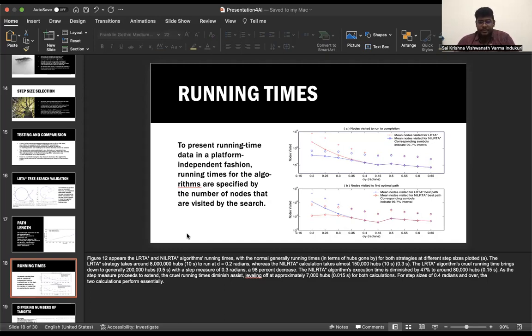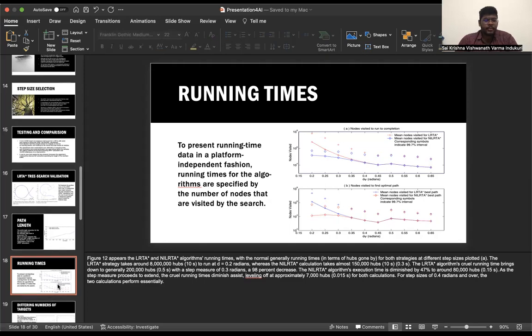So the LRTA star algorithm's mean running time brings down to roughly 2 lakh nodes with a step measure of 0.3 radians, a 98% decrease.